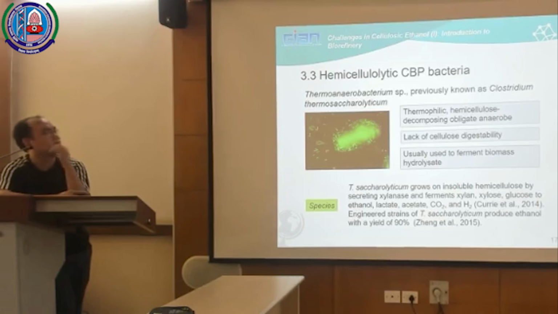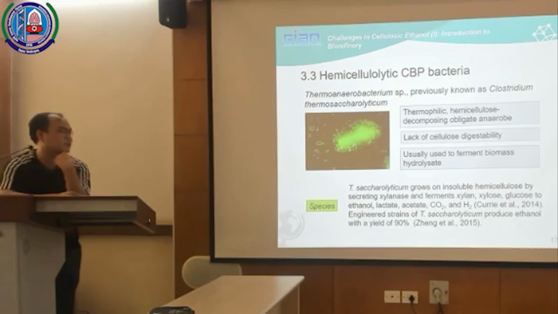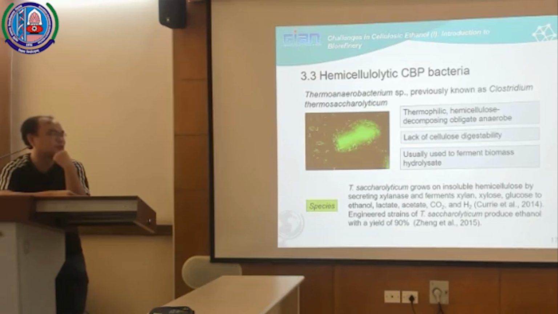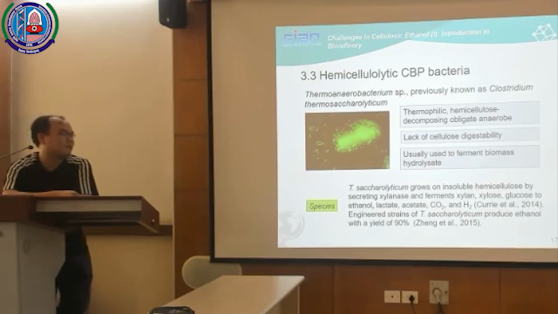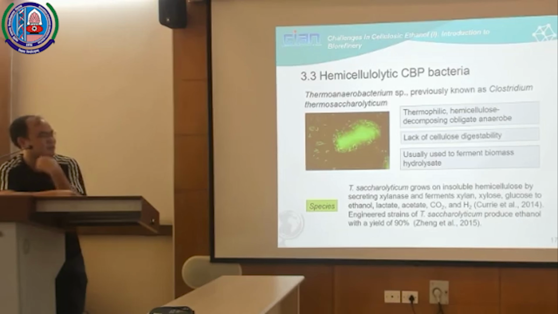For example, some anaerobic bacterium species previously known as Clostridium cellulolyticum grows on hemicellulose by secreting xylanase and ferments xylan, xylose, and glucose to ethanol, lactate, acetate, carbon dioxide, and hydrogen. So engineering of these strains will improve the final yield of ethanol up to 90%.